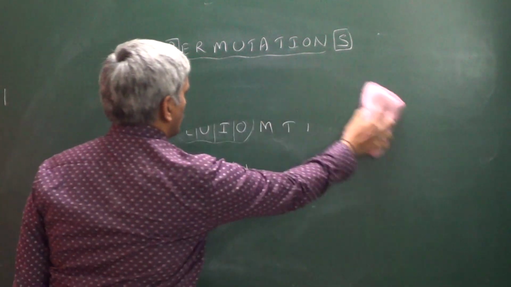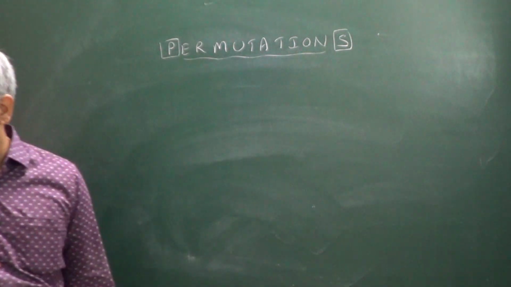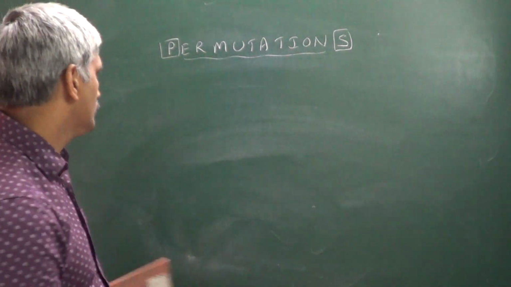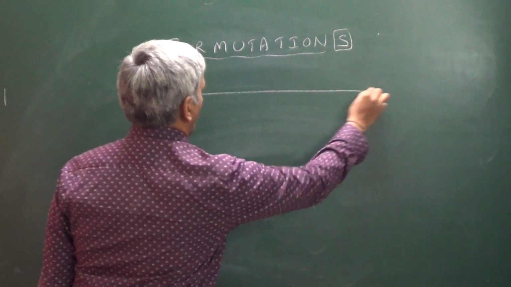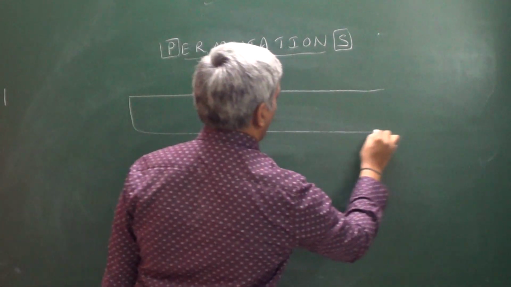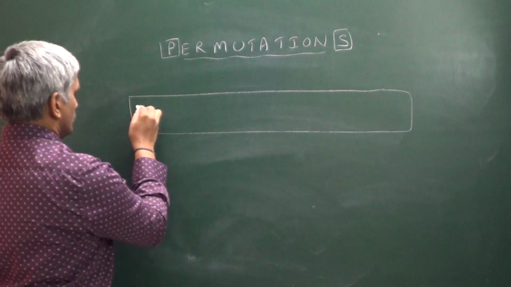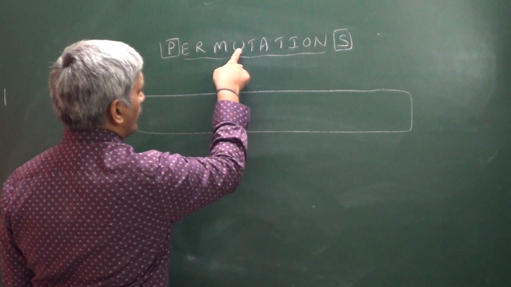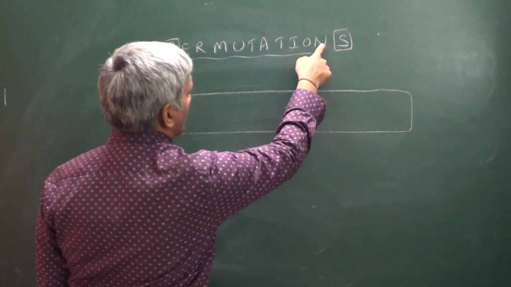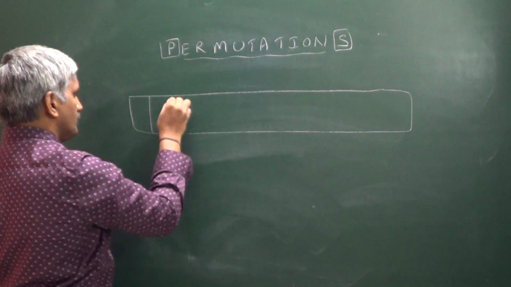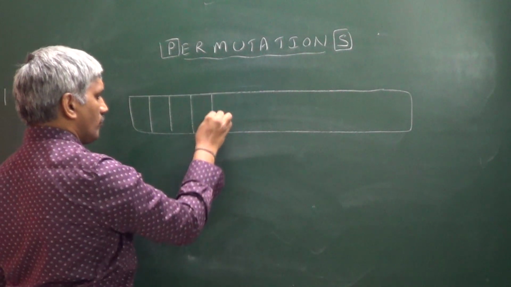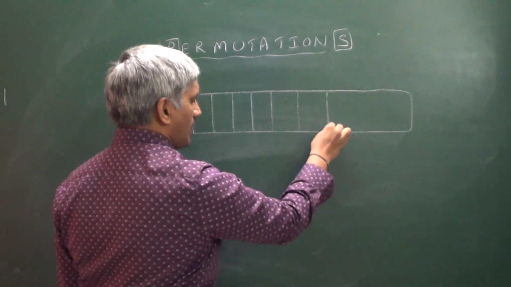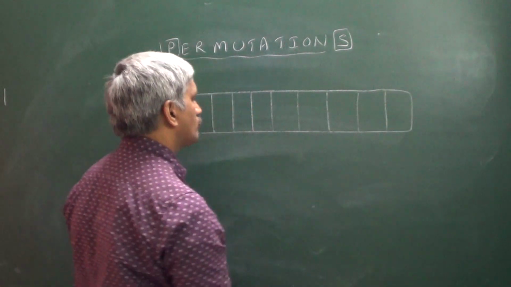There is another question he is asking. Between P and S there must always be 4 letters. Observe here, suppose I am filling the permutations. There are 12 places in total: 1, 2, 3, 4, 5, 6, 7, 8, 9, 10, 11, 12.